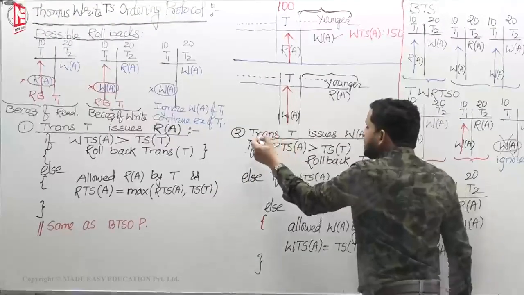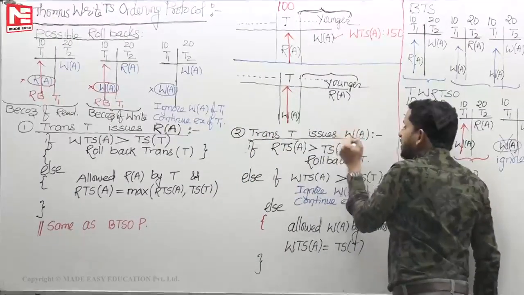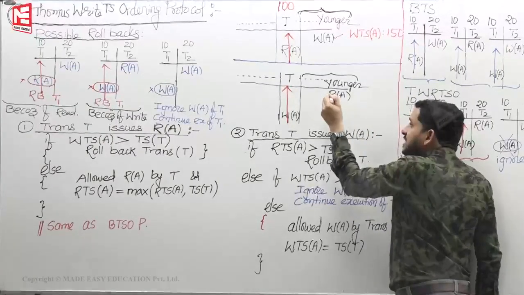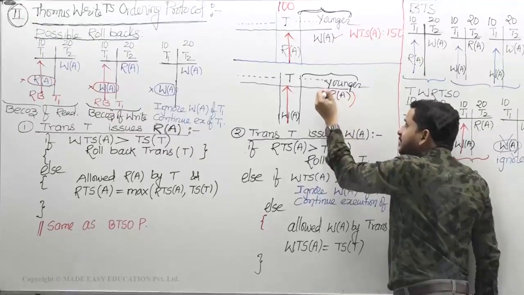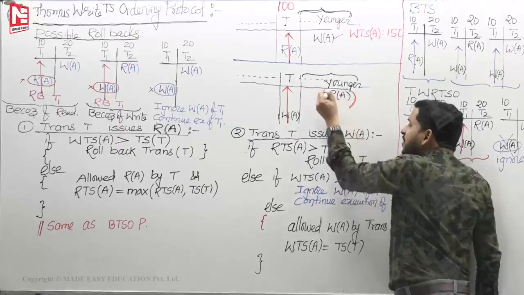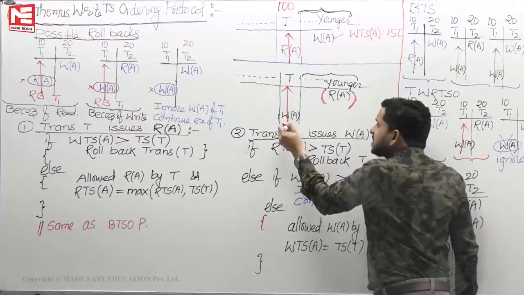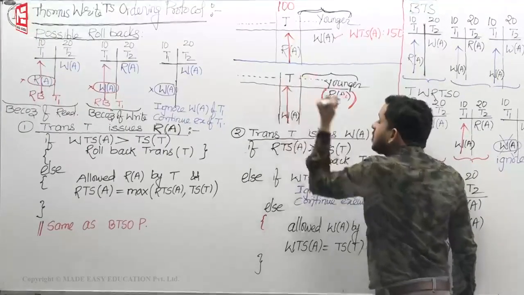Now, if transaction T issues write, there is a rollback if by chance the younger has done the read. The younger already did the read of A, then the older transaction requesting for write causes rollback.